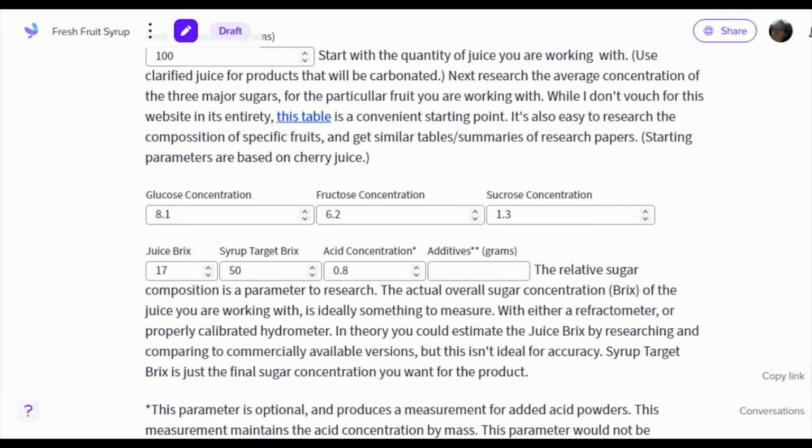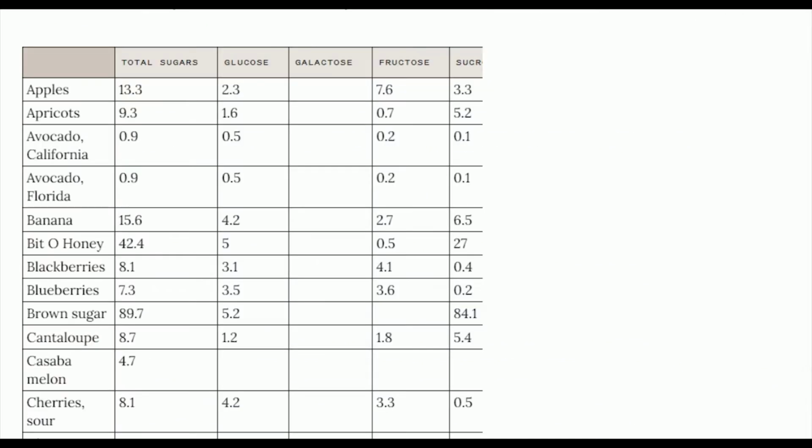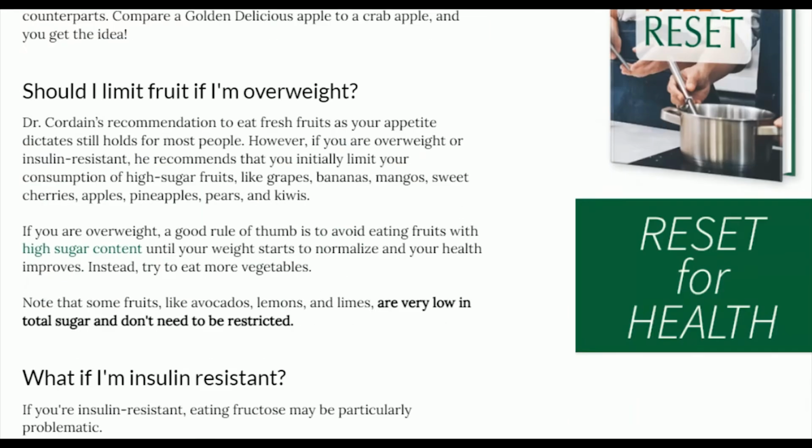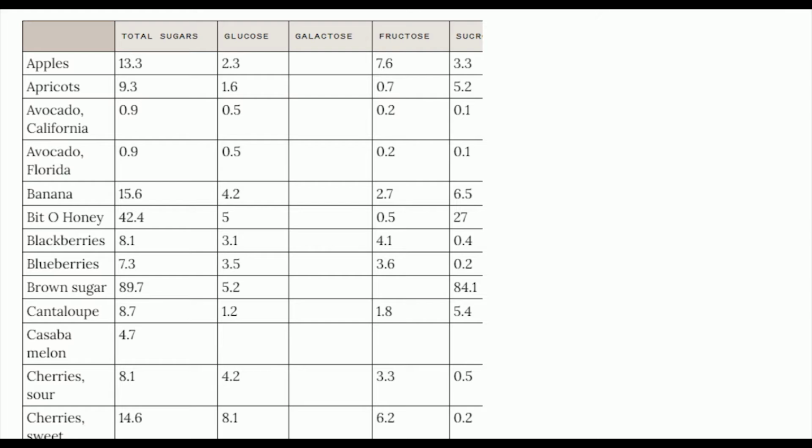So I provide a preliminary table resource. This is a paleo keto style website, which I don't necessarily vouch for everything they talk about, but presumably they source decent data on sugar, and obviously this is just sort of a shortcut.